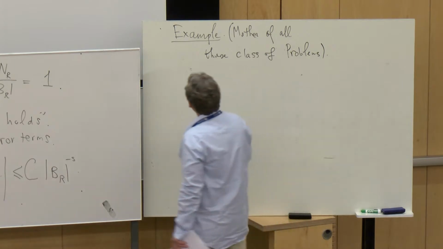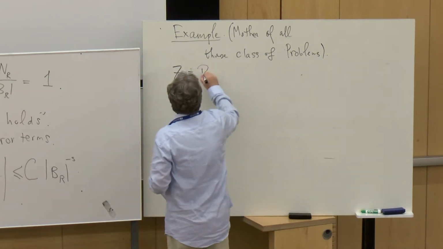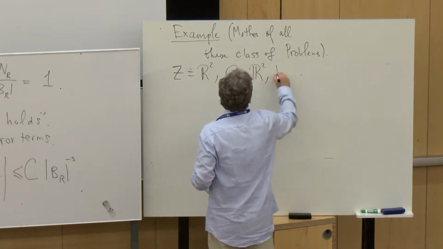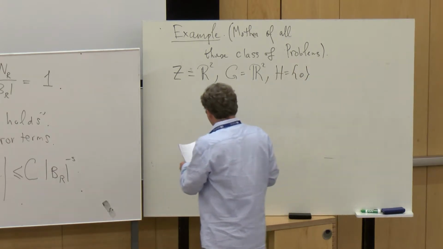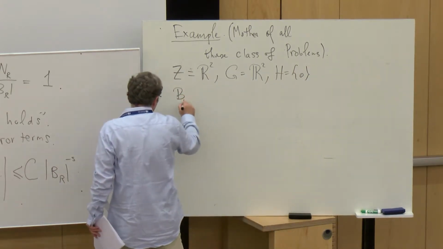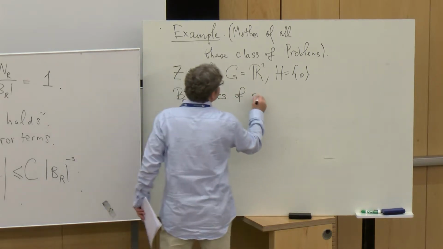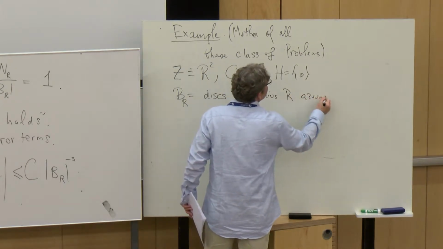And this goes back to Gauss. So in that case, Z is equal to R2, G is equal to R2, H is just 0. Okay? And the class of balls that we take are disks of radius R around the origin.